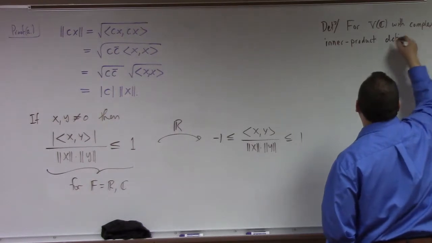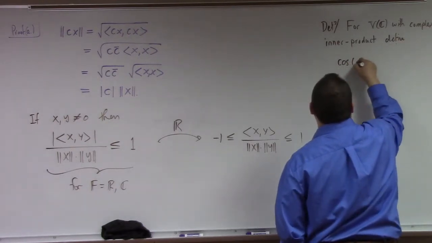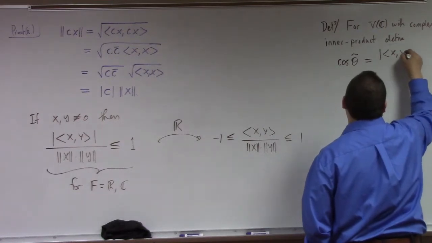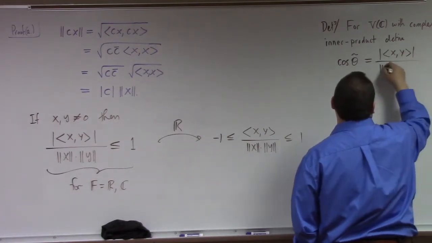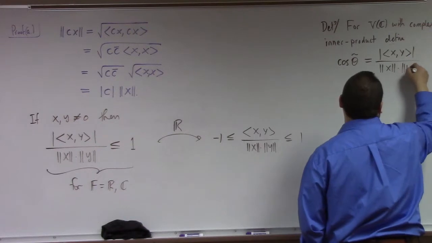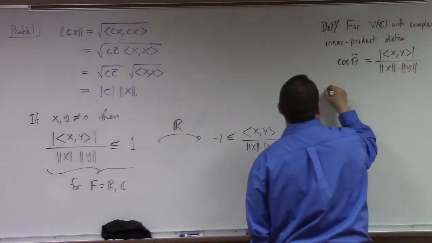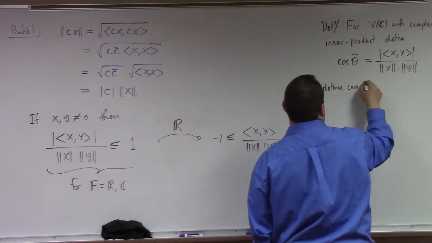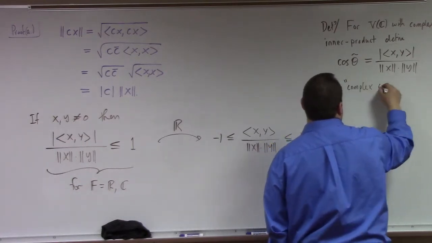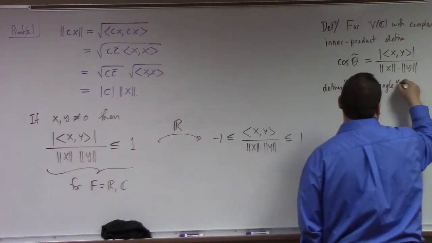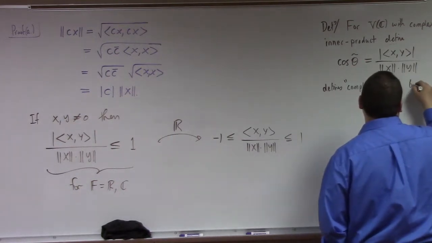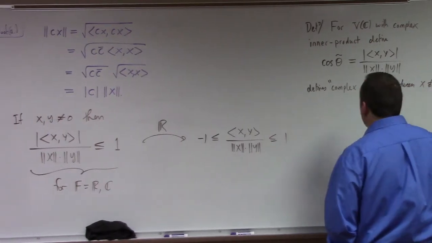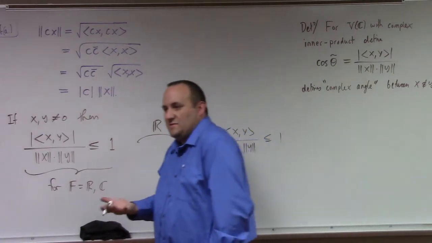I define theta tilde: cosine theta tilde is equal to the modulus of the inner product of x and y over the norm of x times the norm of y. So this defines what I called the complex angle between x and y. There doesn't seem to be a lot of agreement on this, guys. And that's maybe not the greatest terminology, because I'm not saying that theta tilde is a complex number.